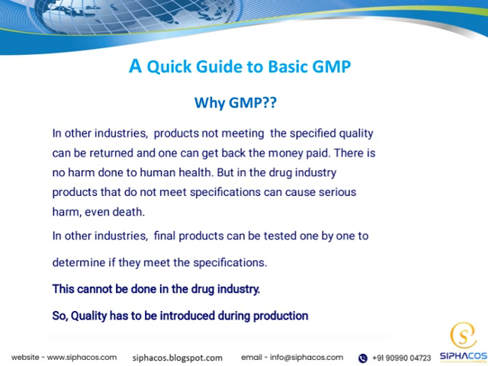Then, there's the focus on proper documentation, making sure every step is recorded accurately so we have traceability and accountability. It also highlights the need for trained personnel who understand their roles and follow strict procedures. Overall, GMP is about building a culture of quality that permeates every part of the manufacturing process. This ensures we meet regulatory requirements, and most importantly, that the products reaching consumers are safe and reliable.